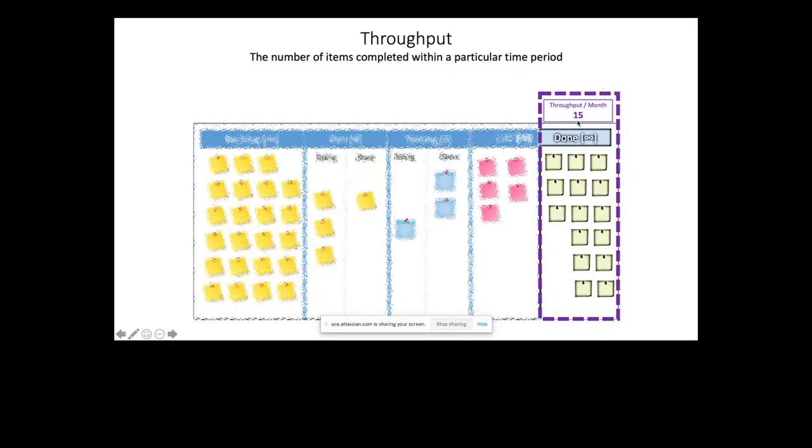And then we can also take the lead time and the cycle time of a Kanban ticket, right? So lead time simply means how long does it take for a ticket to move from the to-do state to the done state.